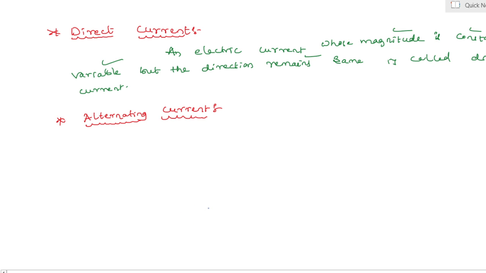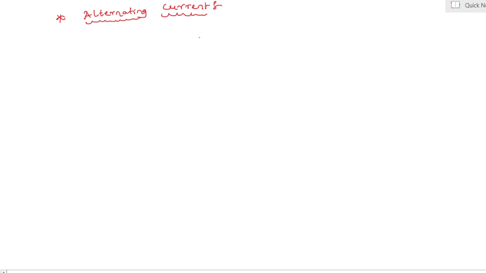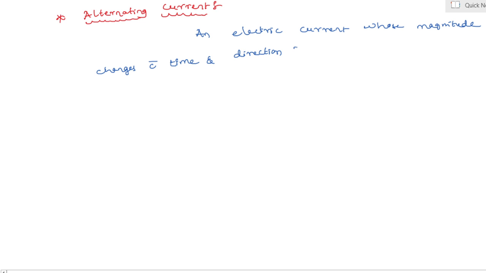An electric current whose magnitude changes with time and direction reverses periodically is called alternating current.